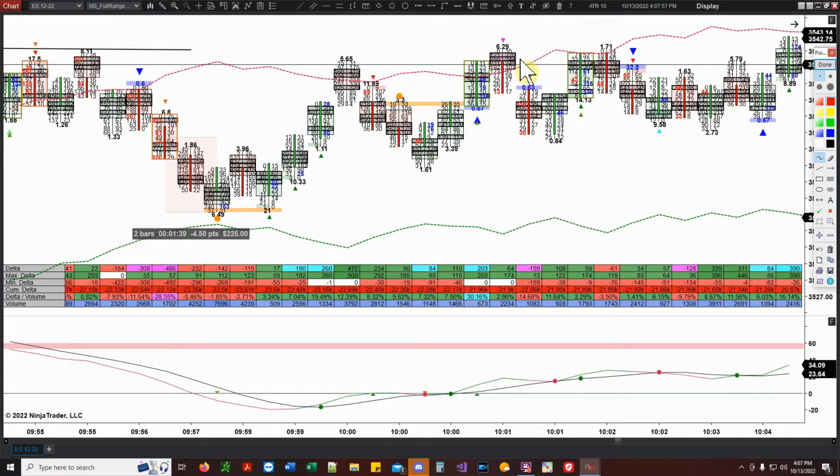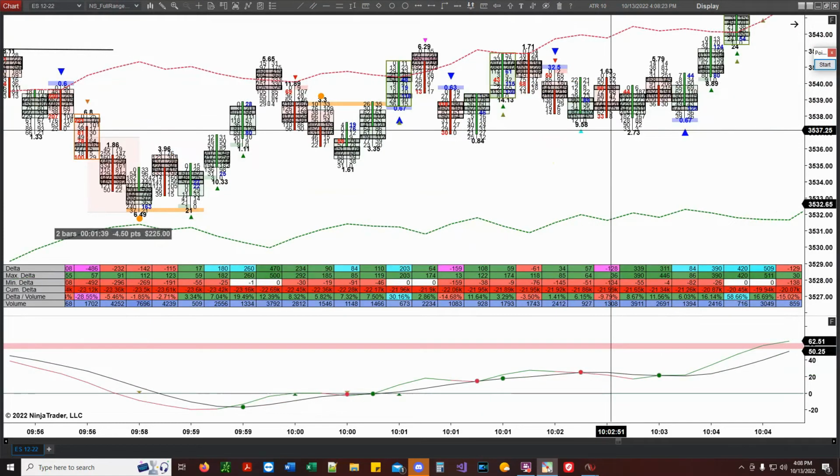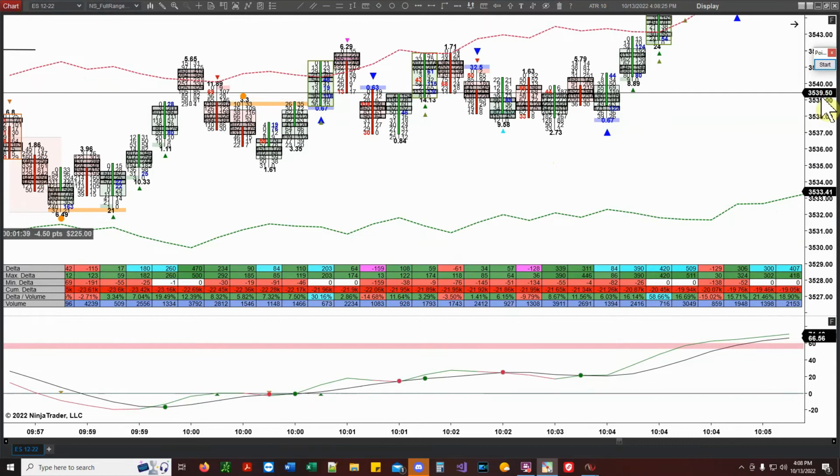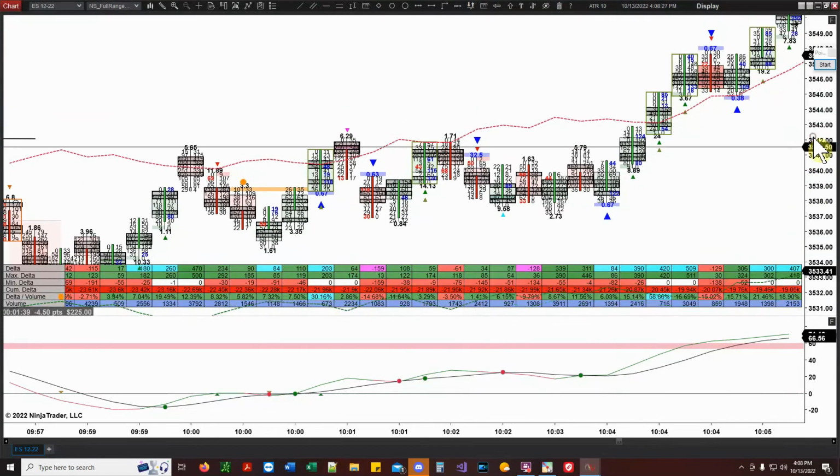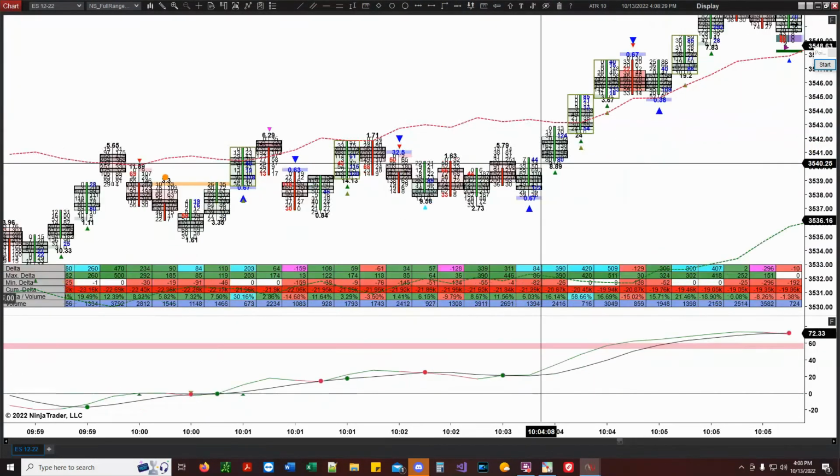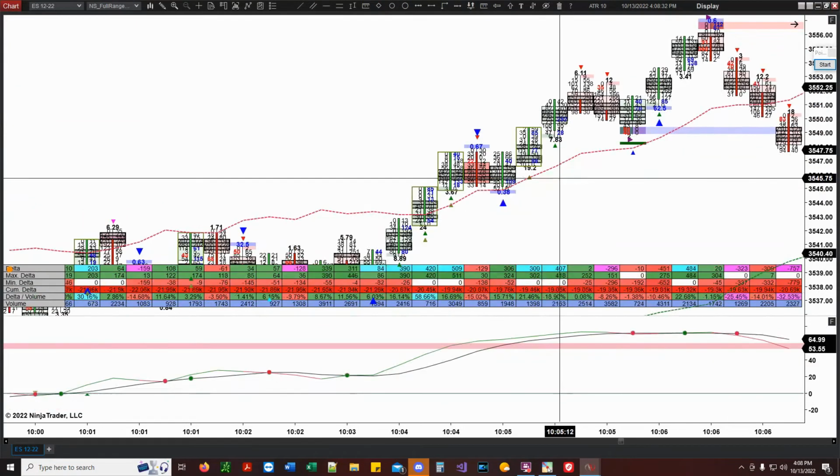If you're using Valtos Footprint, pay attention to the stop and volume colors also. Very important. That in combination with other things would be a red flag for me. The market did a 180-degree turn today and just started going up like crazy.